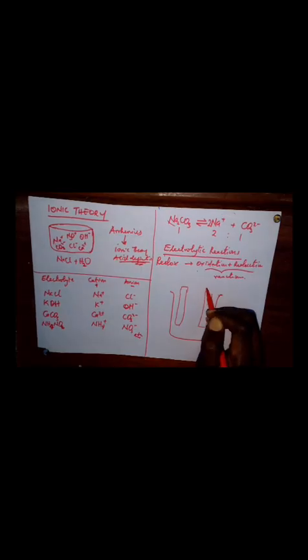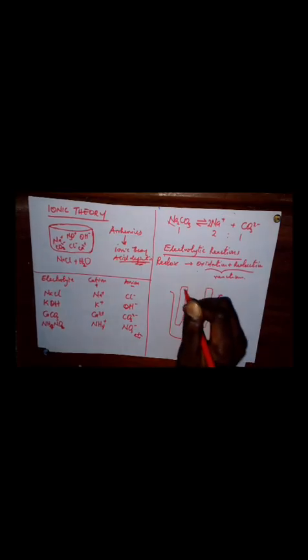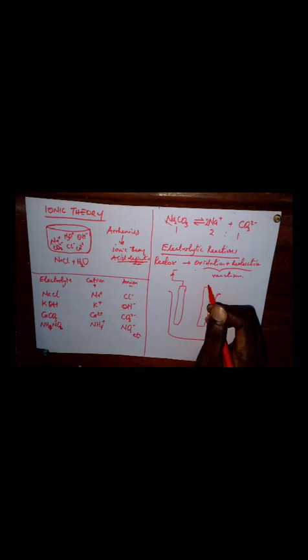Now you have the passage of current through, let me shorten this here. Good. This is power supply current. You have the passage of current, positive, negative. So you know this is the anode, this is the cathode. Then you have the electrolytes in between.